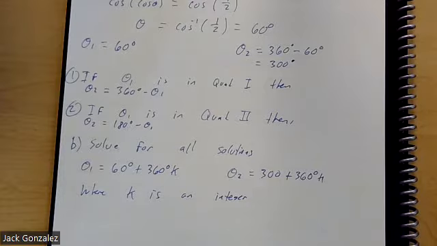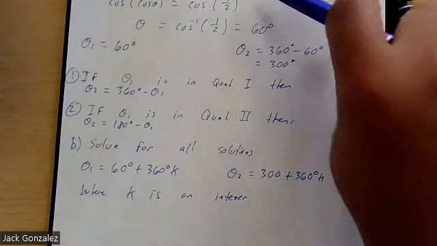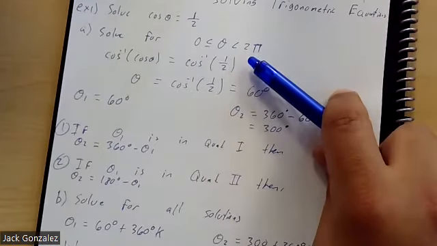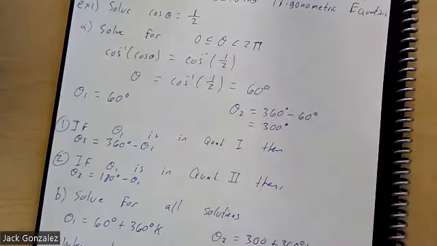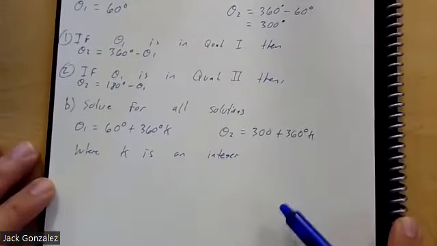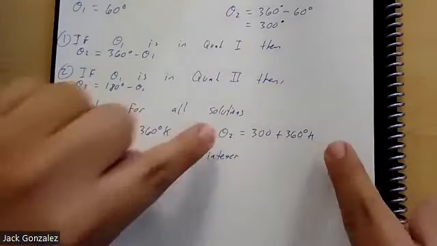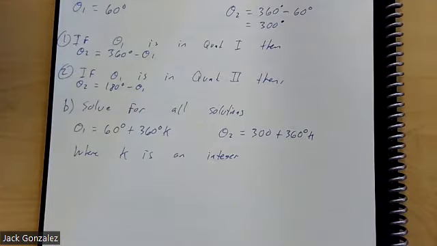Does that make sense? Because you can keep going around and around forever, right? So this restriction up here forces you to just go around once. So if they don't restrict it, then you have an infinite set for every angle you find. Any questions on part B? So will you always give a restriction? Yeah, they'll tell you to solve for theta within this range.